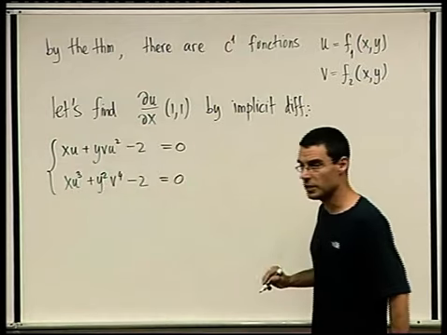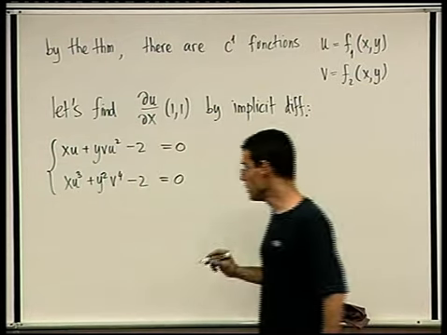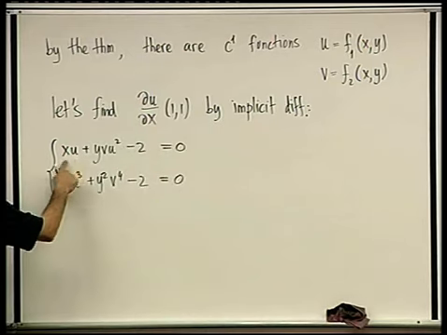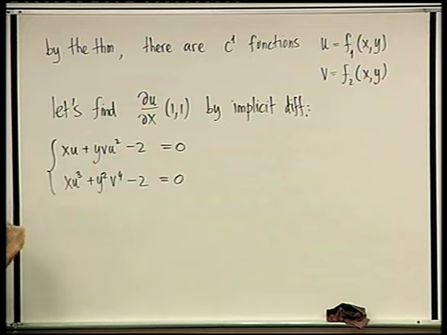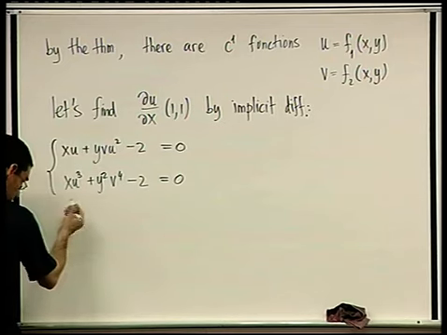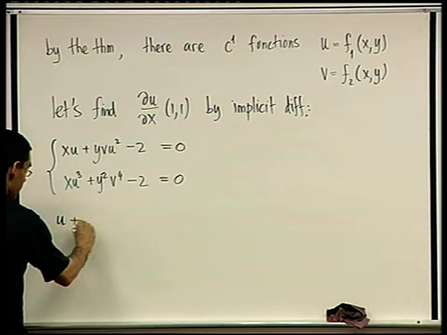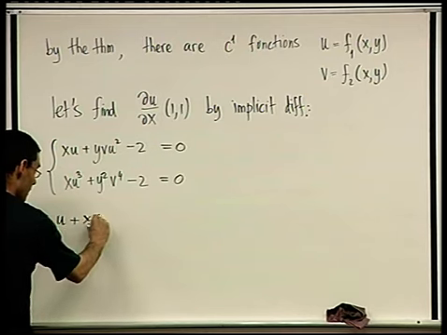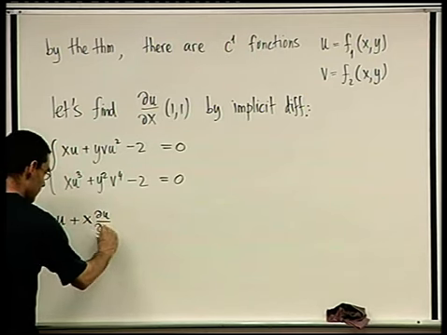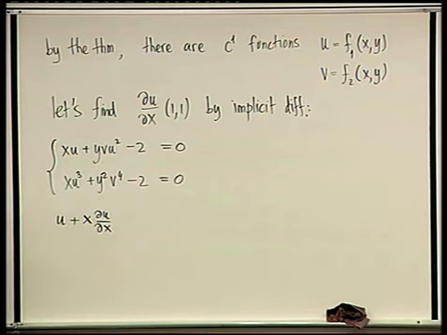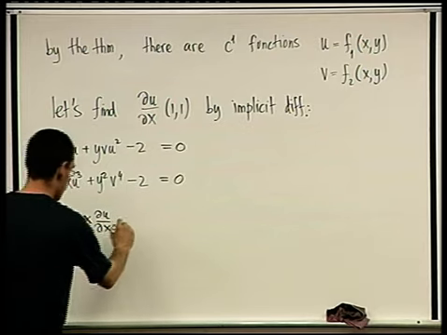Now I'm going to take derivatives. I'll do it slowly, tell me if you agree. This is a product, x and u, because x has x's in it and u has x's in it. The derivative by the product rule is u plus x times du/dx. Do you agree? That's the derivative of xu by the product rule.